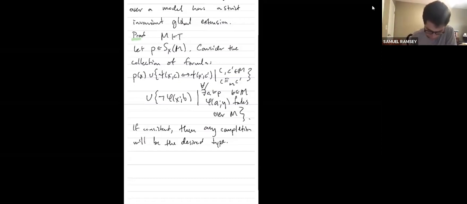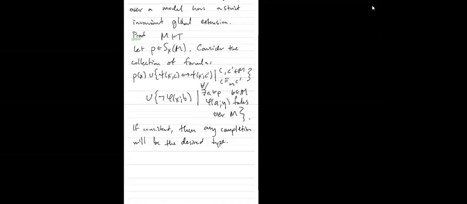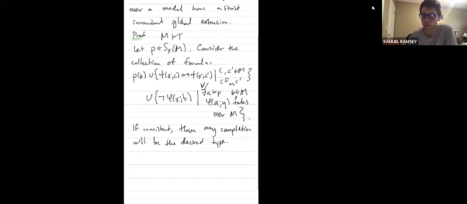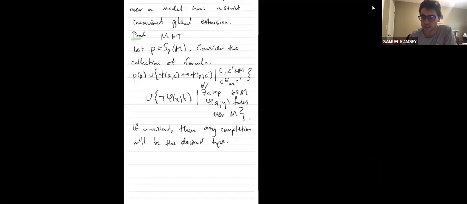Oh no, I see what you're saying. So wait. No, I think what I'm saying is right. So I look at all parameters, and I'm saying that none of them will satisfy a formula which forks when I use a realization of my type as a parameter.